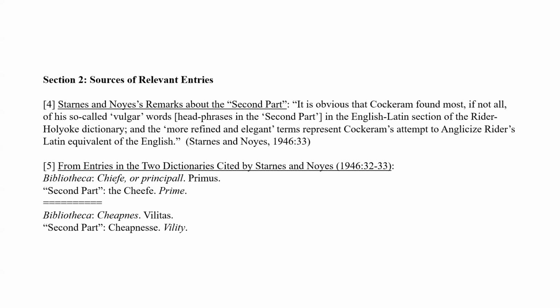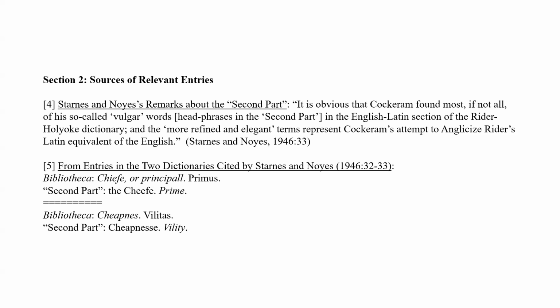The fact which has been revealed here may seem to largely contradict Starnes and Noyes' opinion, which I quoted earlier. Here, there may arise a question about my selection of the edition of the Bibliotheca. As I mentioned in section 1, I refer to the first edition of the dictionary, which was published in 1589.